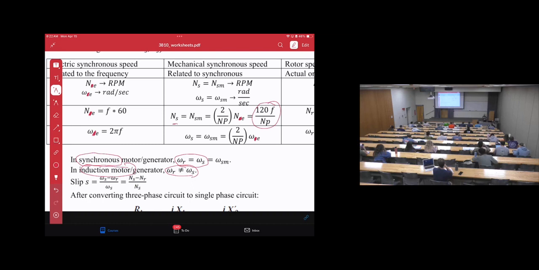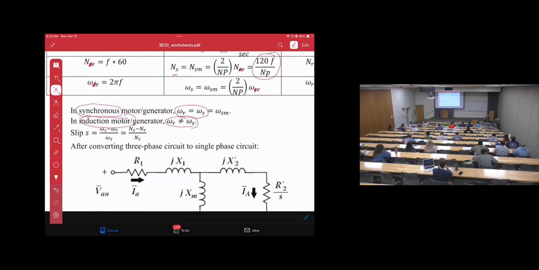So it's very important to distinguish that we have three different speeds. All of them are virtual. The only actual speed is the rotor. Synchronous speed is something virtual, that's the maximum speed. Electrical speed is regarding the number of poles, that's how the electrical field speed or flux will be. Then the last one is the rotor speed, which is the one that we will use.